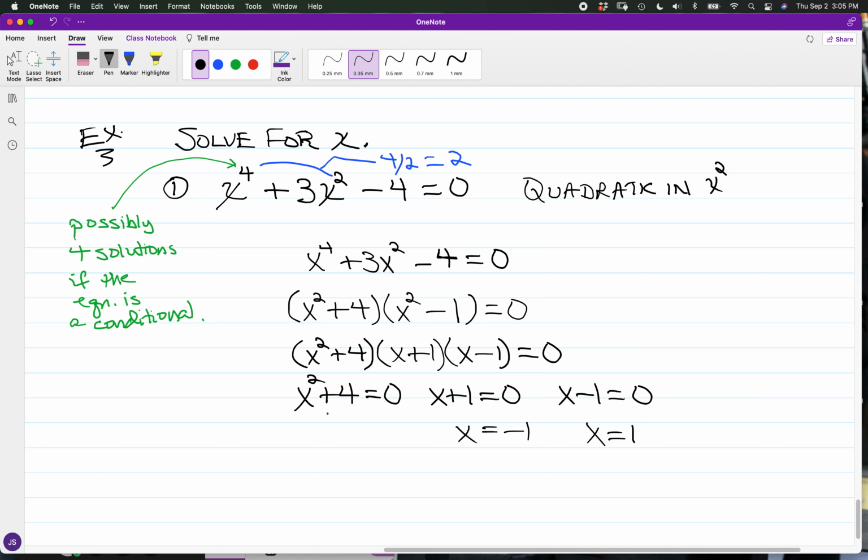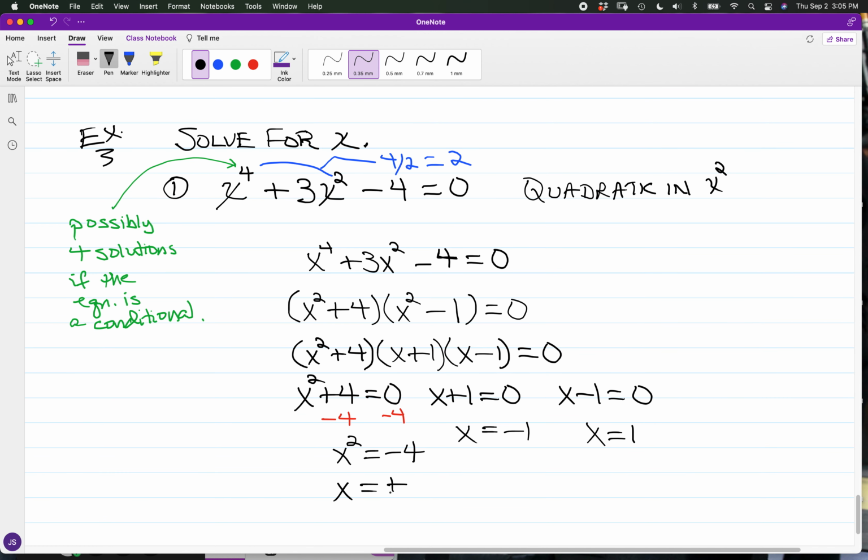Now for the sum of squares that we have with x squared plus 4, I'm looking for solutions, so I can take 4 away from both sides. So we have x squared is equal to -4, and we're back in the terrain of the square root property of equality.